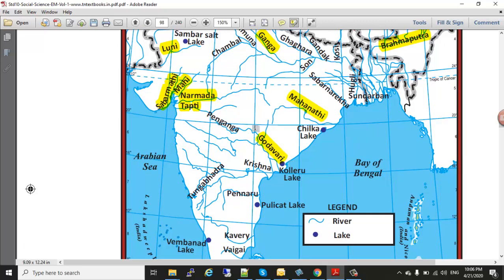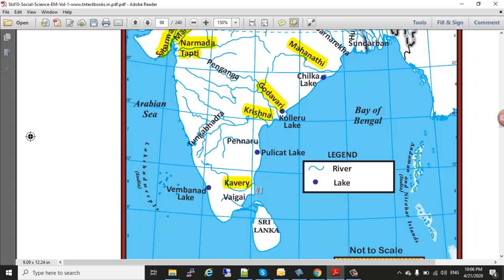In Andhra Pradesh, I mean Telangana and Andhra Pradesh, the Godavari River, and exactly in Andhra Pradesh the Krishna, and you can see the Kaveri in Tamil Nadu. See where we marked the Kaveri. This looks like a nose. In the middle of this nose, at this place, you just draw one line and write Kaveri. And you have the Vaigai River. You can mark the Vaigai River from Madurai and bring it down neatly. That you can do.